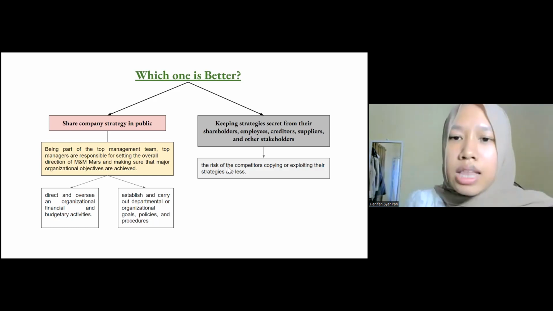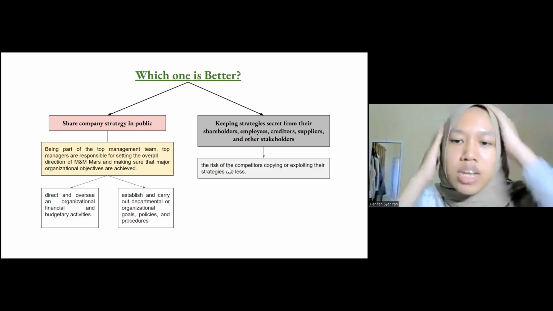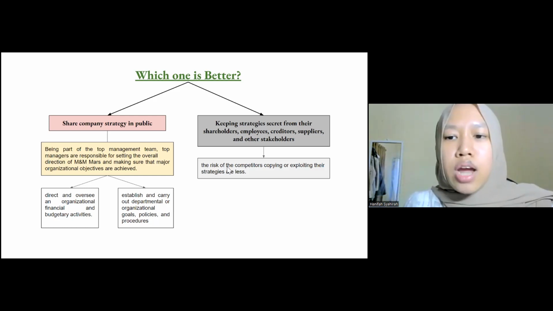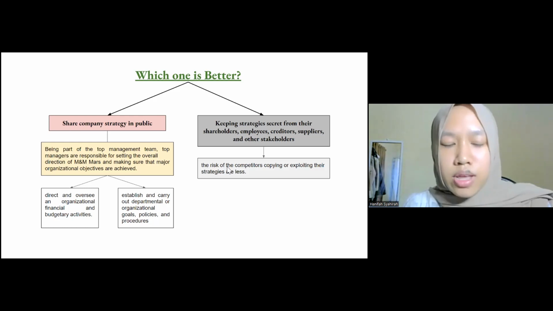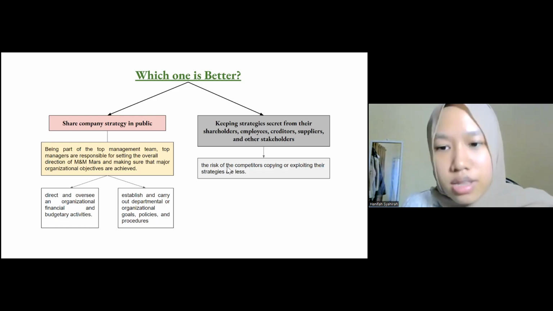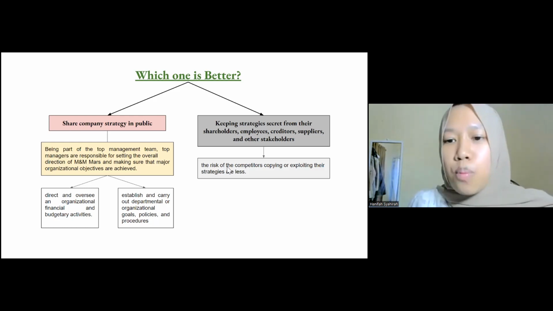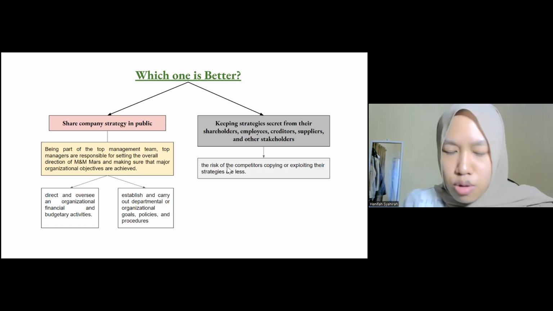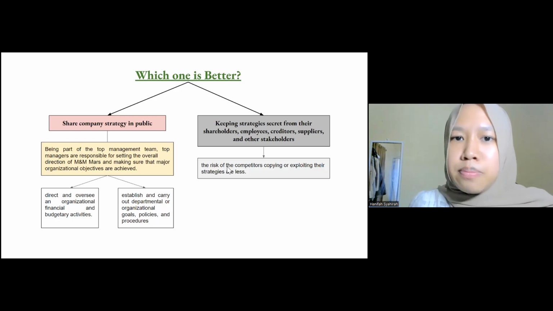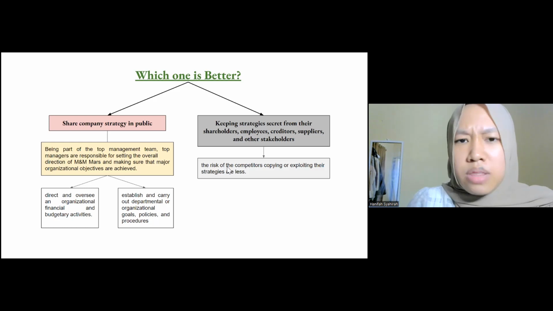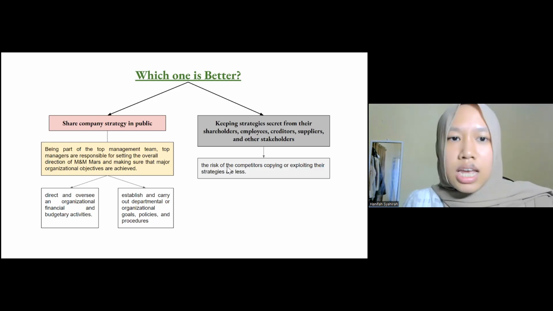But on the other side, there is also a debate about keeping the strategy secret versus sharing it in public. In keeping the strategy from stakeholders, employees, creditors, suppliers, and others, the main advantage is that there are no competitors copying or exploiting the strategy, or fewer. But we also need to consider, as in my previous presentation, that engagement between participants and the strategy management process is highly needed.